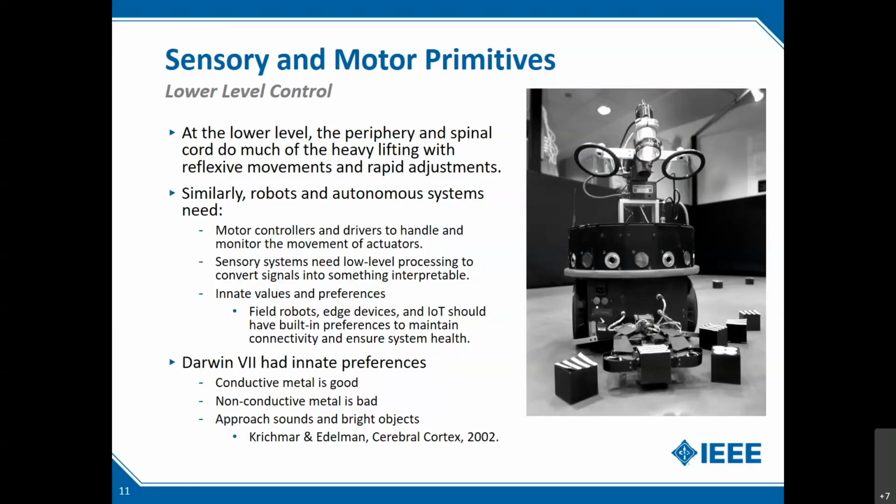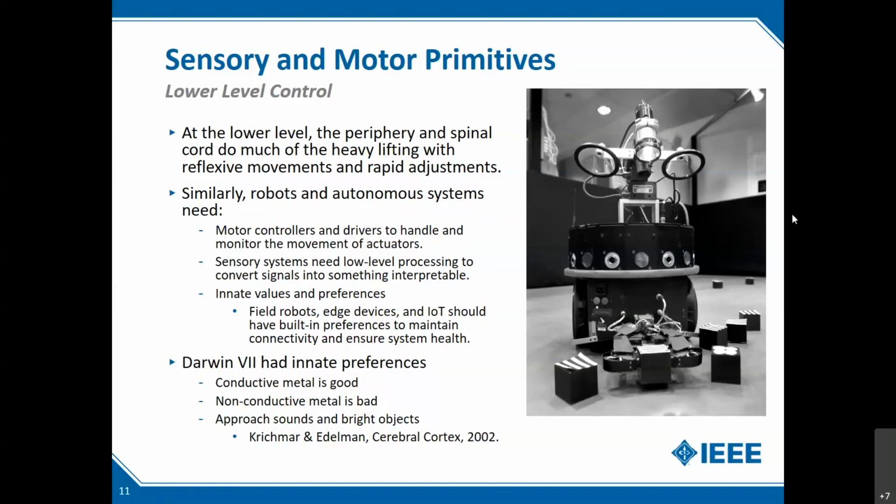If you have robots or autonomous systems, you need certain things that are givens, like motor controllers, so that when you send a command, the wheels or the arms move, and sensory systems that do some level of processing. So when you ask for sensory information, you don't just get raw data, you get something interpretable.